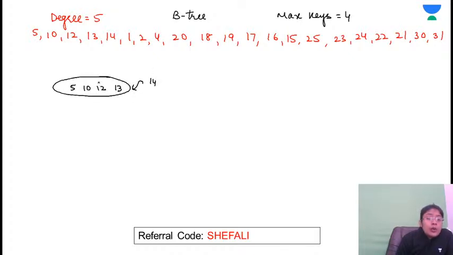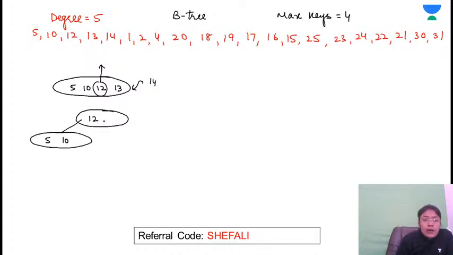So which node will be split? 5, 10, 12, 13, 14. So 12 will go up. So this will result in 12 here, 5, 10, and on the right hand side we have 13 and 14.